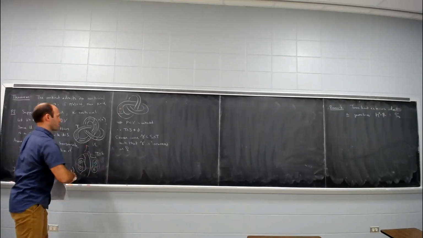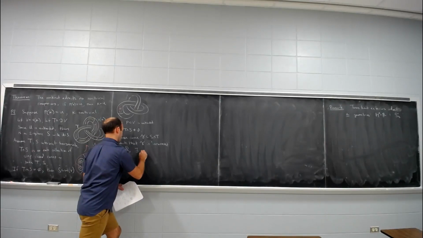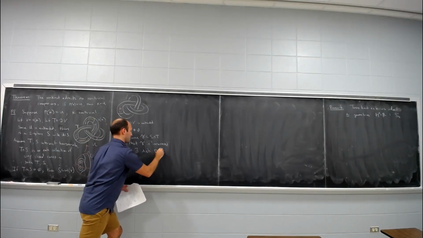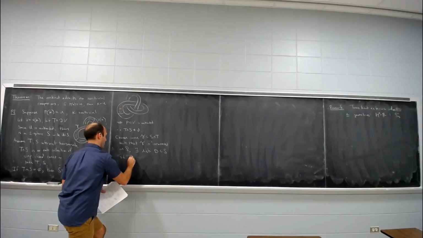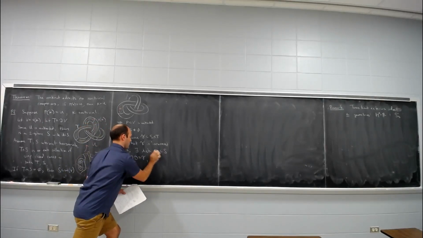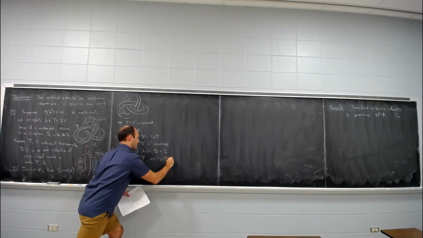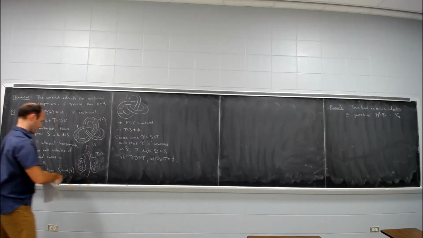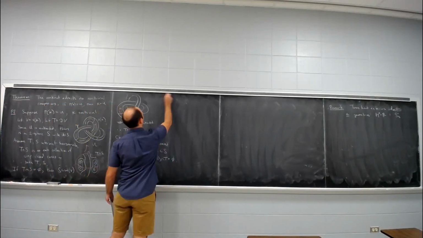So what does innermost mean? Innermost means there exists a disk D lying in S such that the boundary of D is gamma and the interior of D intersect T is empty. So maybe I'll redraw this.